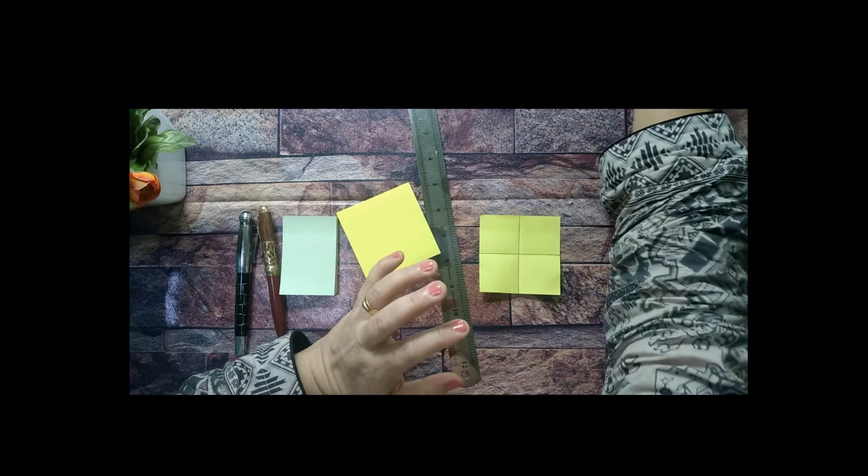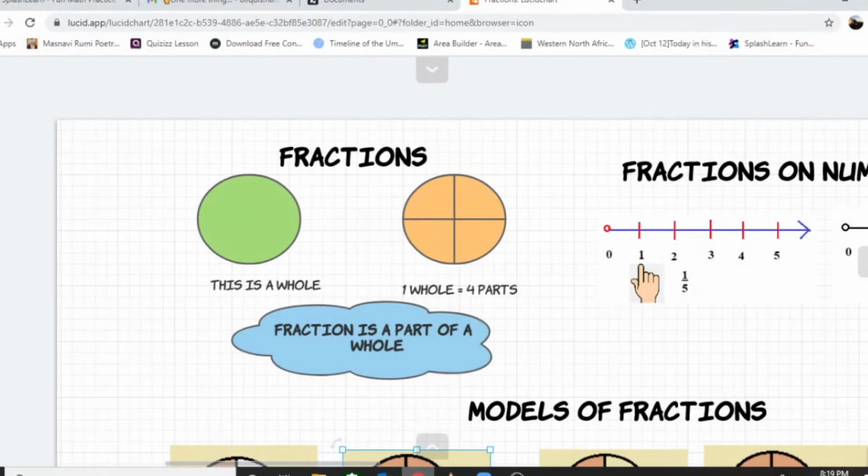Let's explore how fractions can be represented in different ways and see how we can express fractions in numbers. Here we have a complete whole or a complete circle, and this whole is now divided into 4 equal parts.